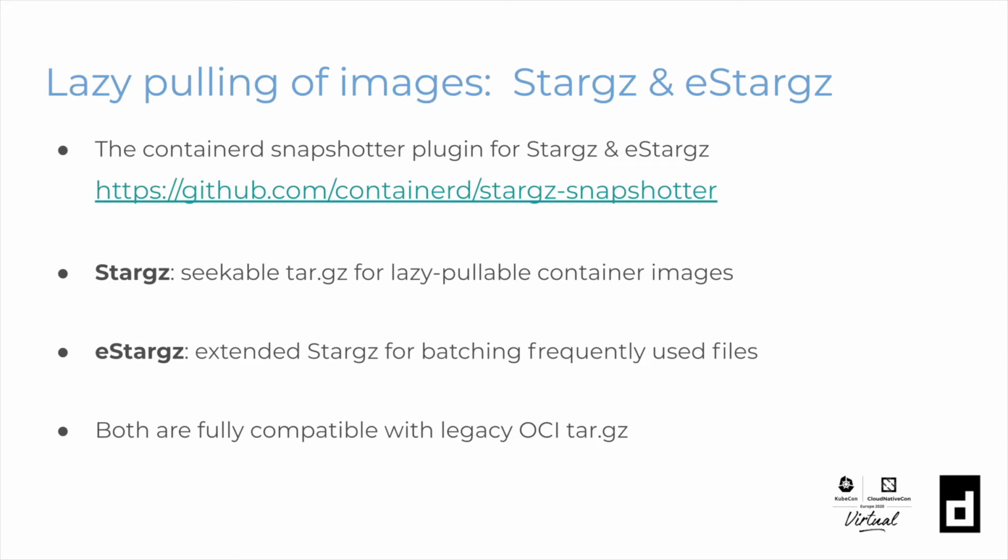For lazy pulling, we need to use new image formats such as stargz and eStargz. Stargz is a variant of tar.gz format that allows seeking a specific offset in the archive. eStargz is similar to stargz, but it allows prefetching requests for frequently used files.